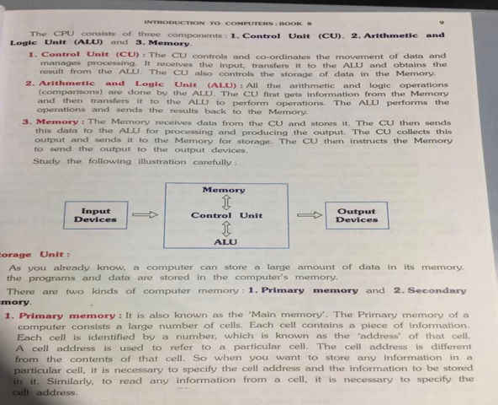The CU first gets the information from the memory and then transfers it to the ALU to perform the operation. The ALU performs the operation and sends the result back to the memory.